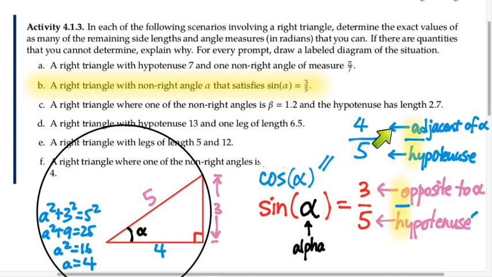And the cosine of that angle is the length of its adjacent side divided by the length of its hypotenuse. Right? Sine is opposite over hypotenuse. Cosine is adjacent over hypotenuse.